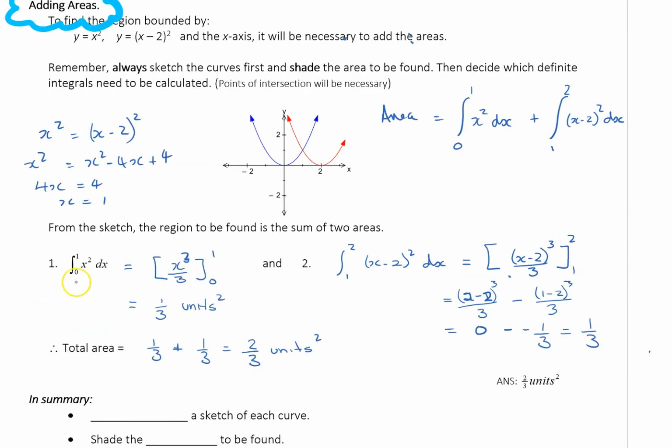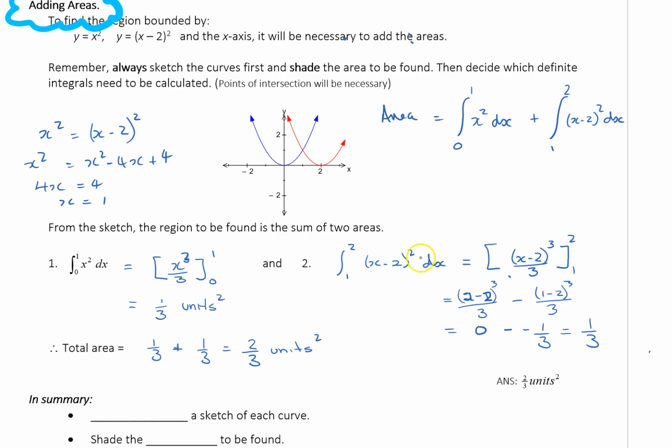So there you can see that I've calculated the first integral, it's a nice straightforward integral. It's add 1 to the index, divide by the new index, sub in our values, and we get 1/3 units squared for that section.